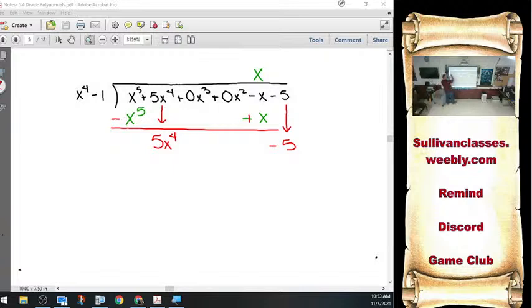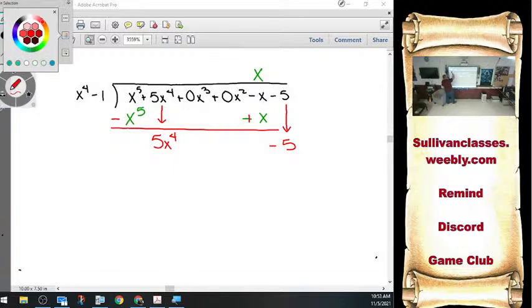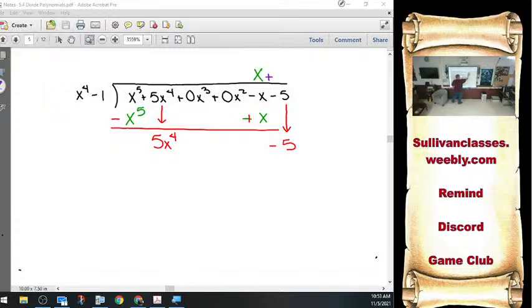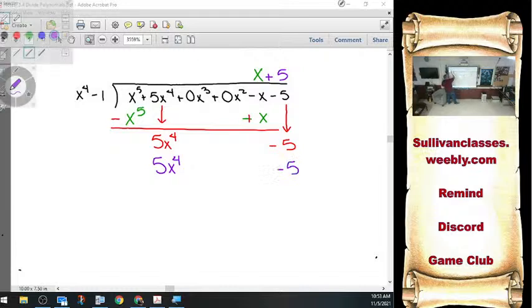What is 5x to the fourth divided by x to the fourth? 5. 5 times the stuff: 5x to the fourth, negative 5. Change your signs.